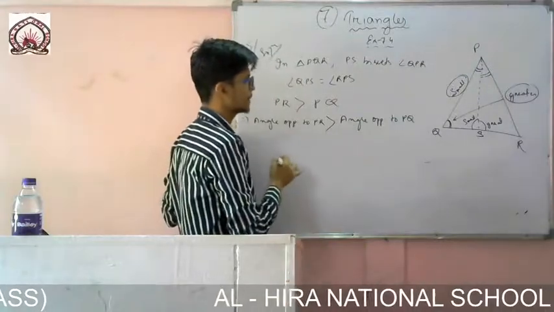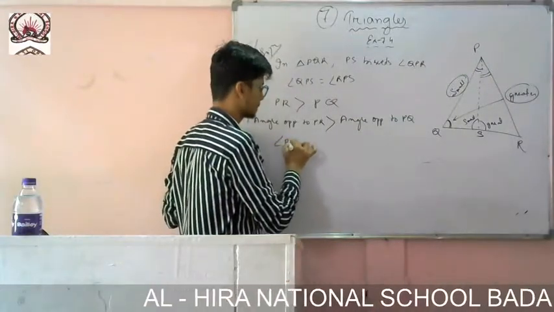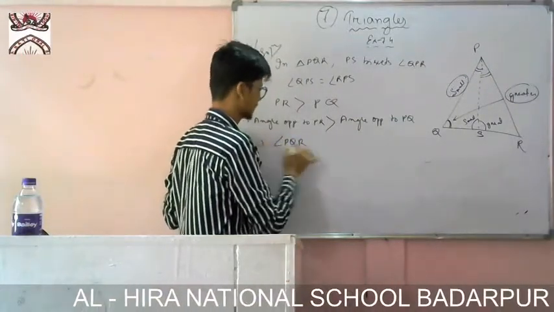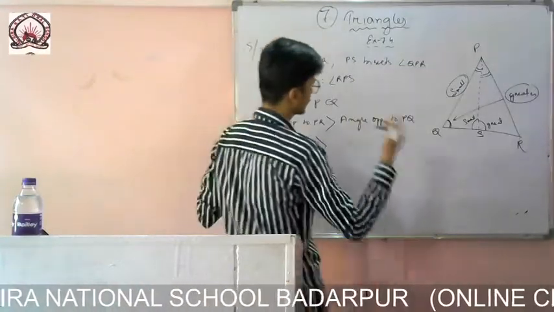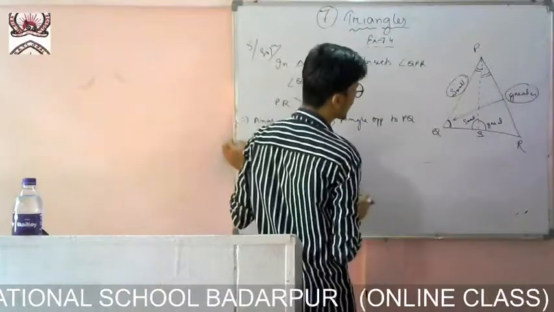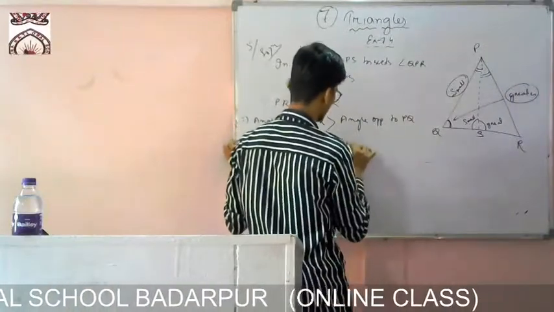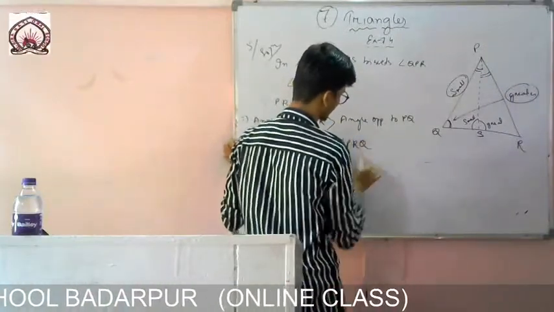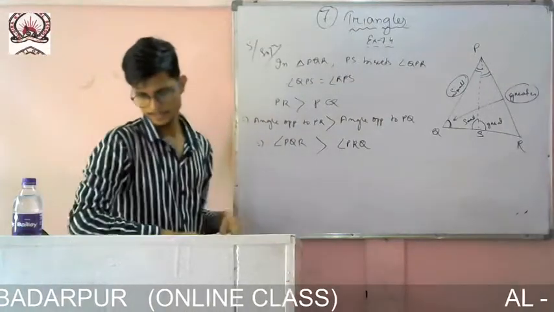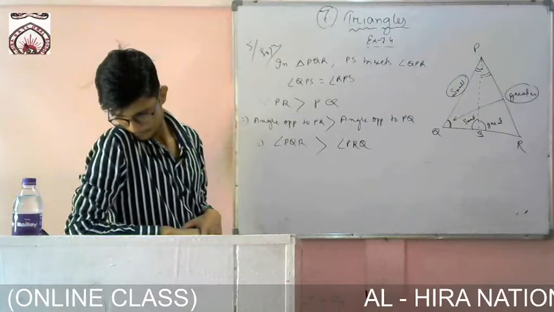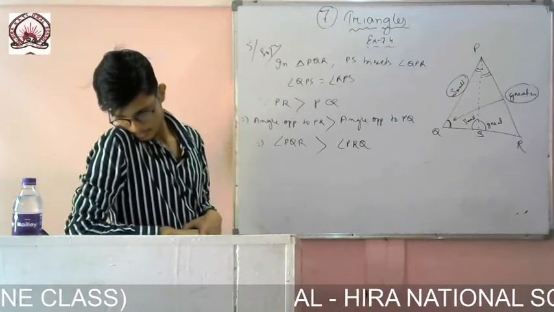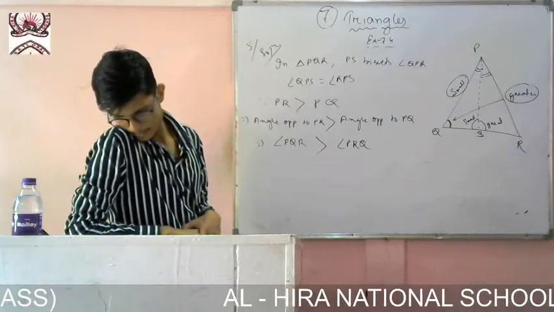So it will be PQR, which will be greater than the angle opposite to that one, that is PRQ. PQR and PRS, no?